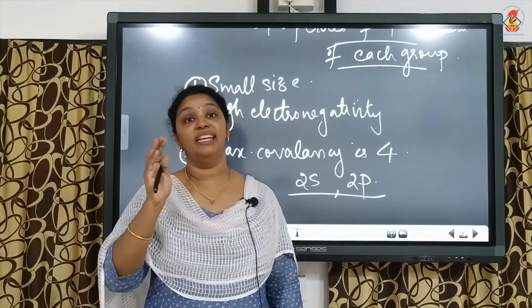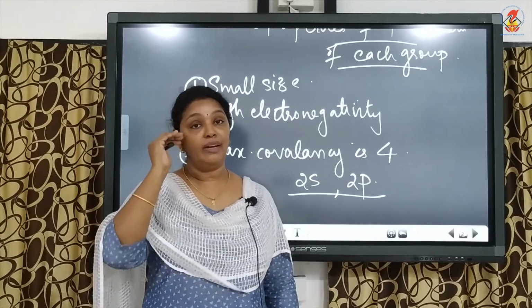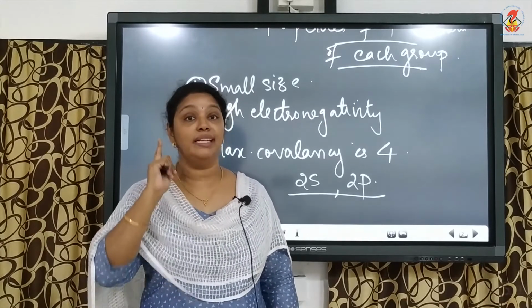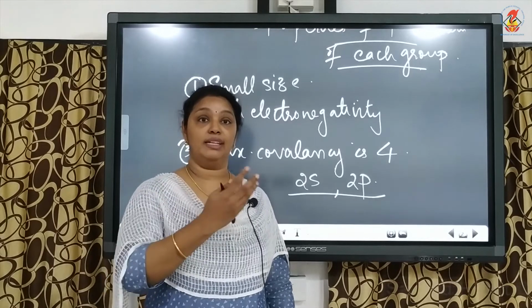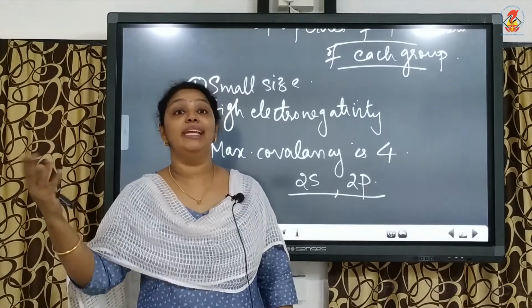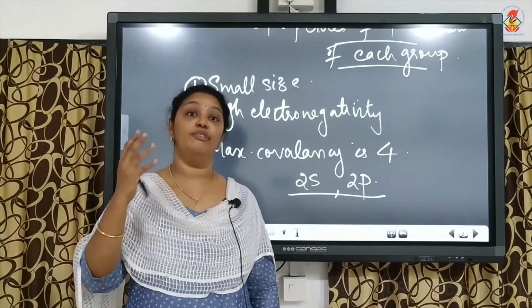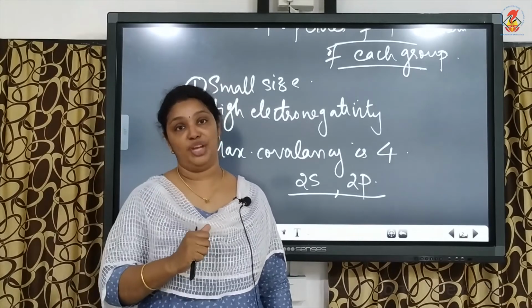We know that the 3d orbital starts filling in fourth period, but in third period we have the 3d orbital, but it is vacant. So these electrons in sp orbitals can jump to vacant d orbitals, and they can form bonds with other elements, which you will study in detail in the next chapter.